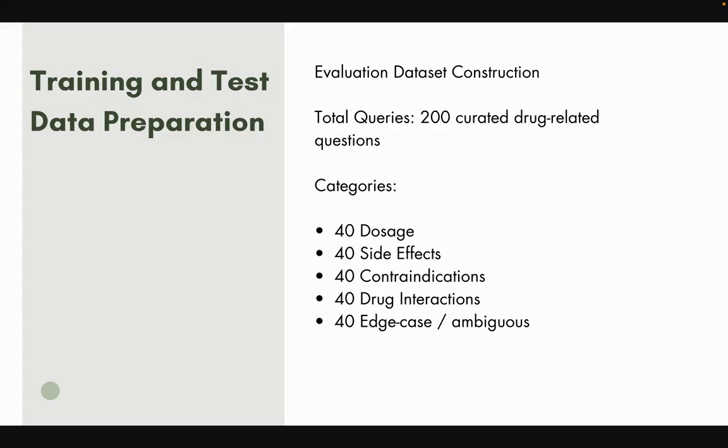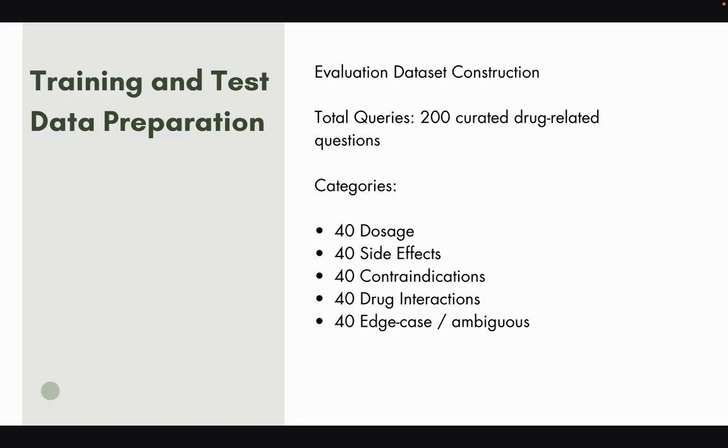Next, talking about training and test data preparation. So to evaluate the model fairly, we constructed a controlled QA dataset which contained 200 curated drug-related queries balanced across dosage, side effects, contradictions, interactions, and edge cases.